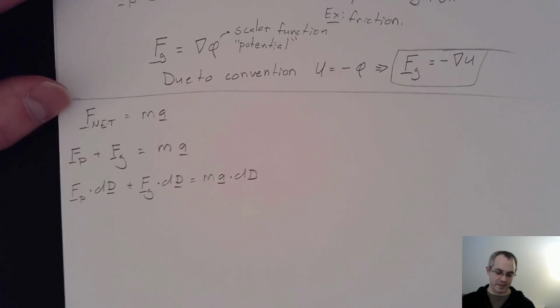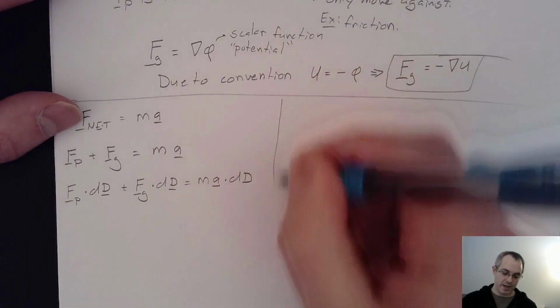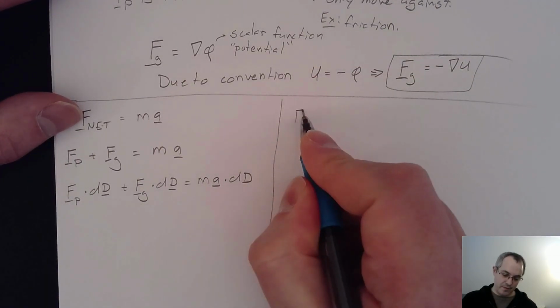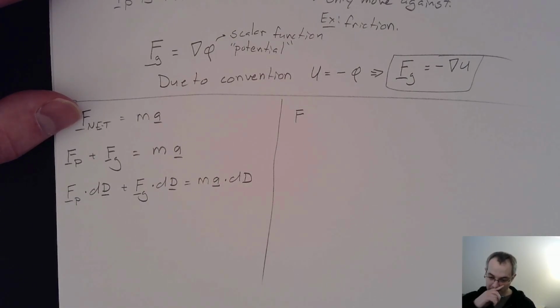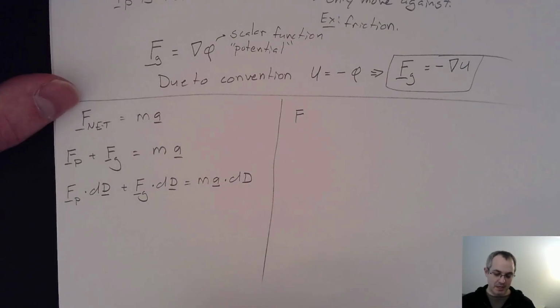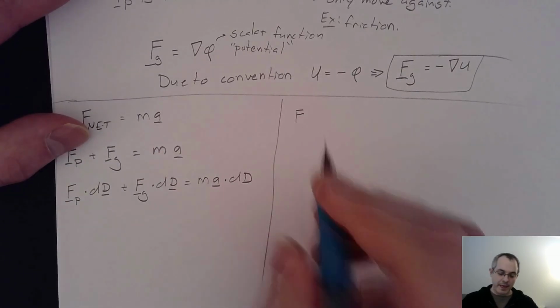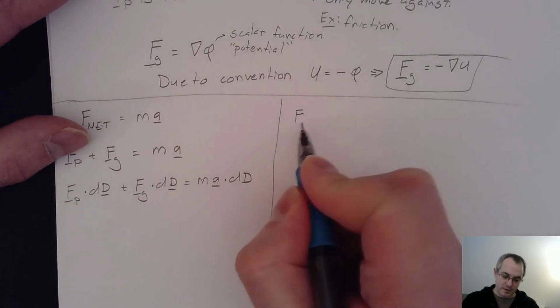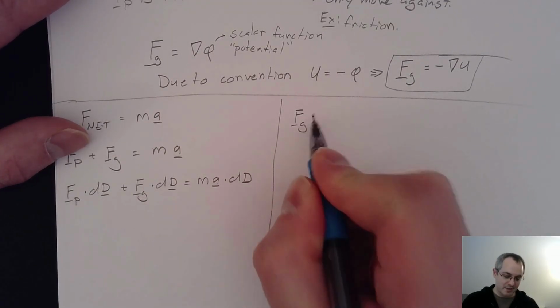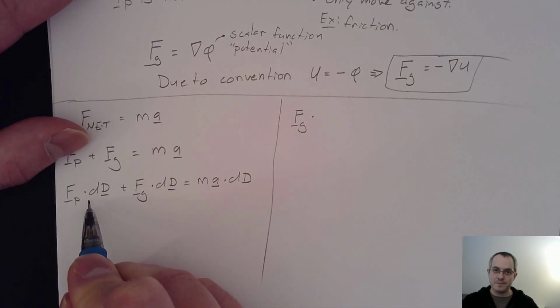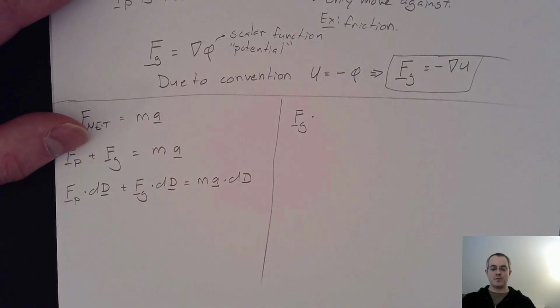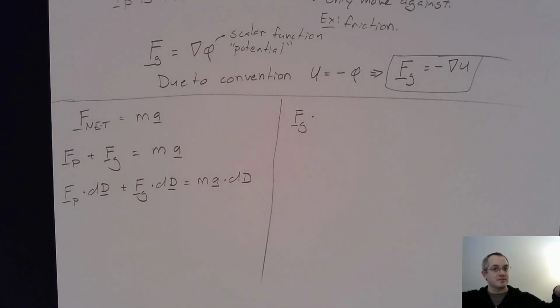Okay, so let's have a look at these one at a time here. If we do Fp dot dd, we're actually gonna not change that one. Okay, we're actually gonna leave that one alone. So let's look at the second one first, Fg, just because there's really not that much to do with this one. Okay, we're gonna let it be any conservative vector, and so it's not even necessarily up or down.